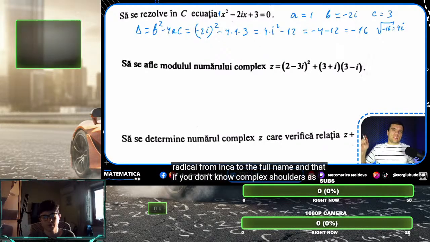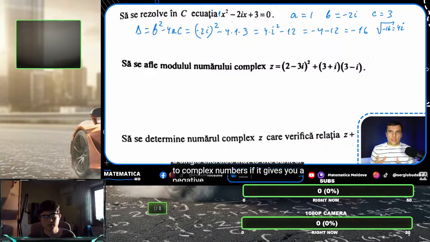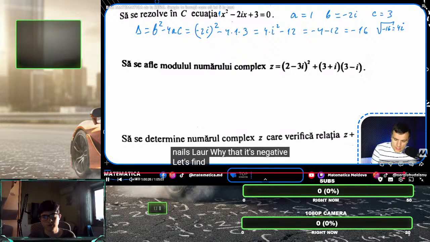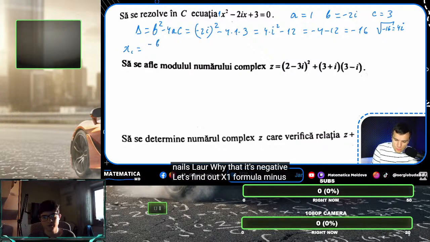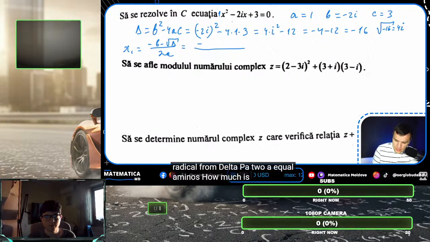Now we just solve x1, x2 based on the formula: minus b minus square root of delta, over 2a, and then the second one is the same thing but with plus in the middle.